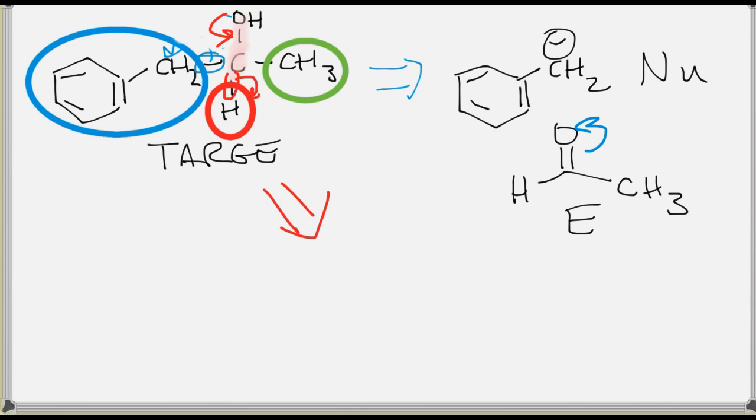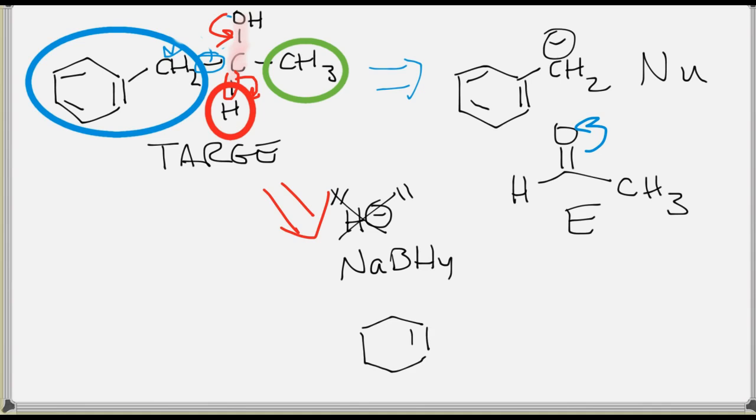So we are basically adding H minus, which of course is not a real reagent. What this means is we're going to add something like sodium borohydride, would be a reasonable choice. And what carbonyl would we add? Well, the blue group is still stuck on, that's our benzyl. Here is our carbonyl, and the green group is still stuck on, so we would add sodium borohydride, or maybe lithium aluminum hydride, to this carbonyl, and that will give me our target.